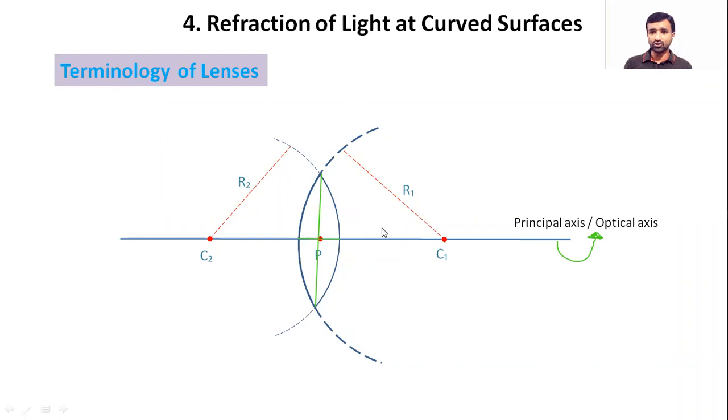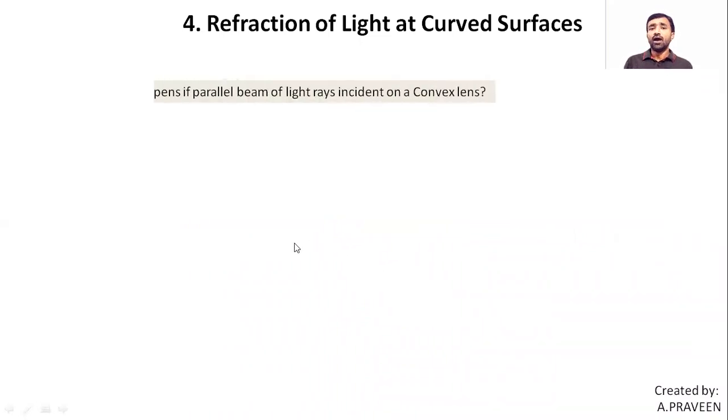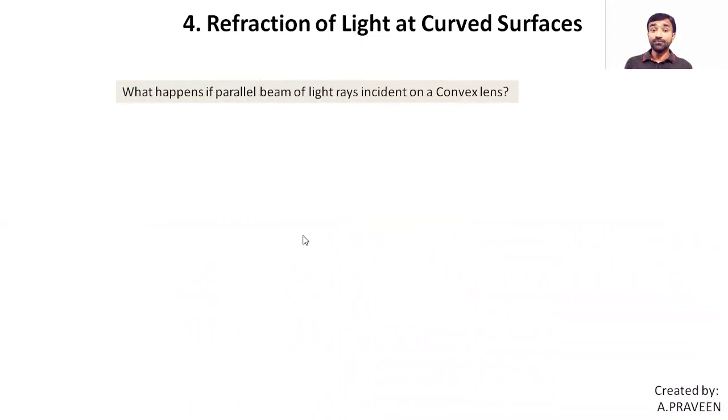The next topic is given in figure number 7 in your textbook, page number 65. Then we'll go for another topic, the focal length of the lens. What happens if a parallel beam of light rays is incident on a convex lens?